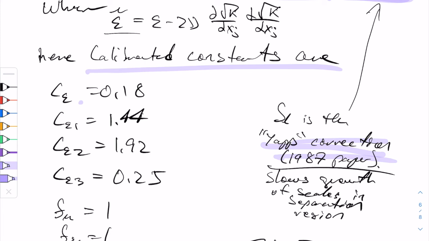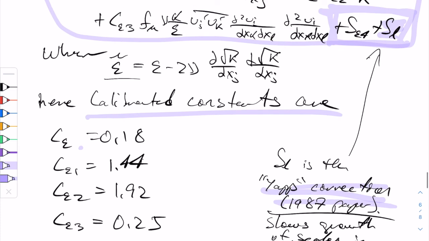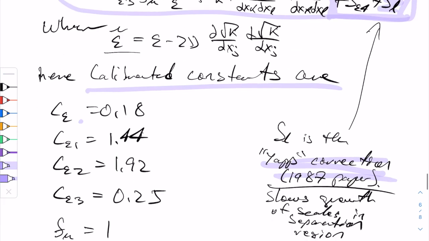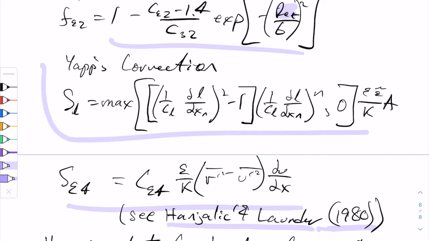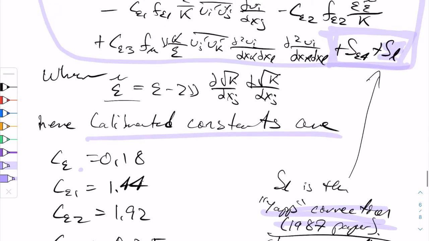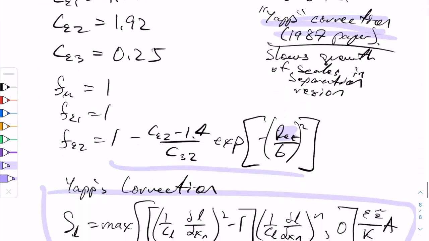Basically, it slows the growth of the scales in near regions of separation, so that the growth of turbulent kinetic energy isn't too large, so it limits it. And the other term, which we'll see in a second, is the so-called correction by Hanjalic and Launder in 1980, which is another paper. So here's the form of the Yap correction factor, which is inserted on the right-hand side of the dissipation equation to limit growth.